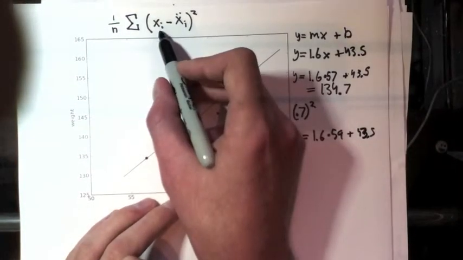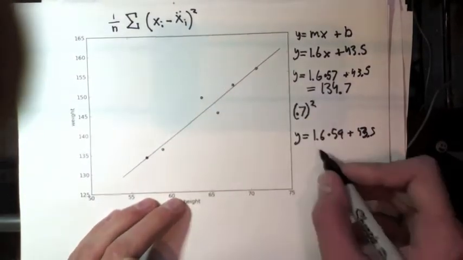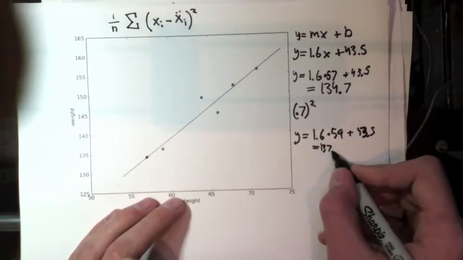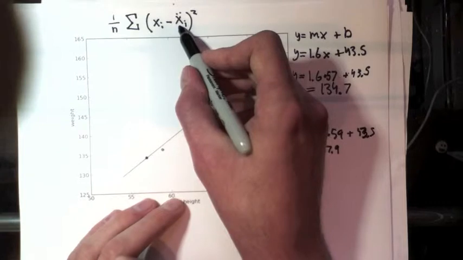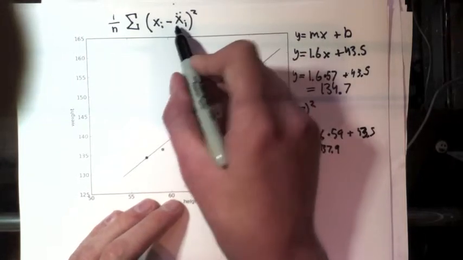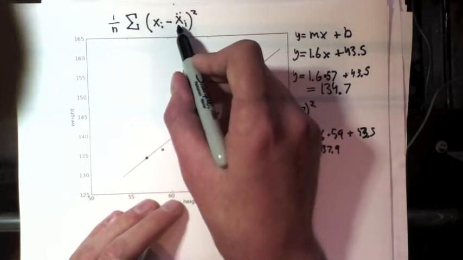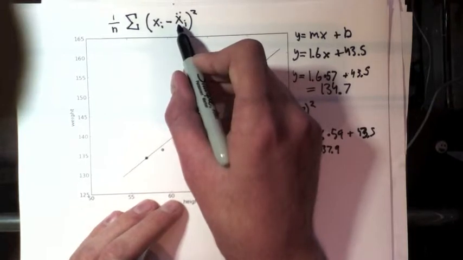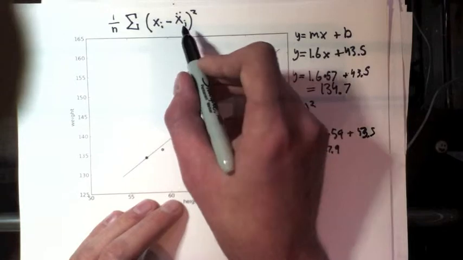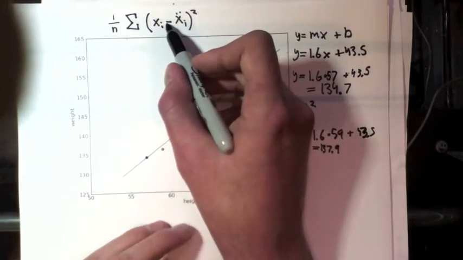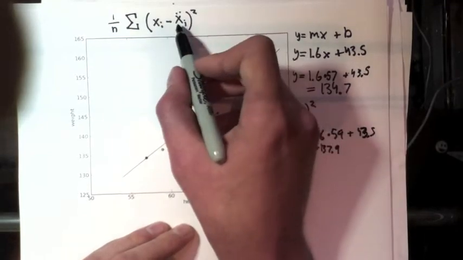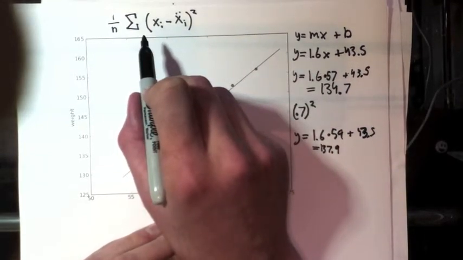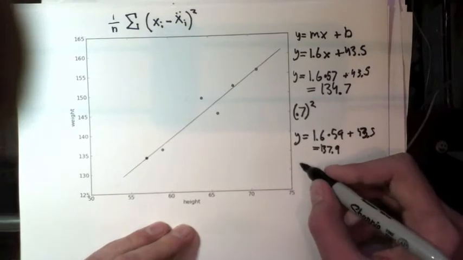So again, we're plugging in 137.9. Let me write that down. We would be putting 137.9 here for predicted, and then the actual weight of this person was 136 pounds, if I'm not mistaken. Yes, so 136 minus 137.9 is negative 1.9.